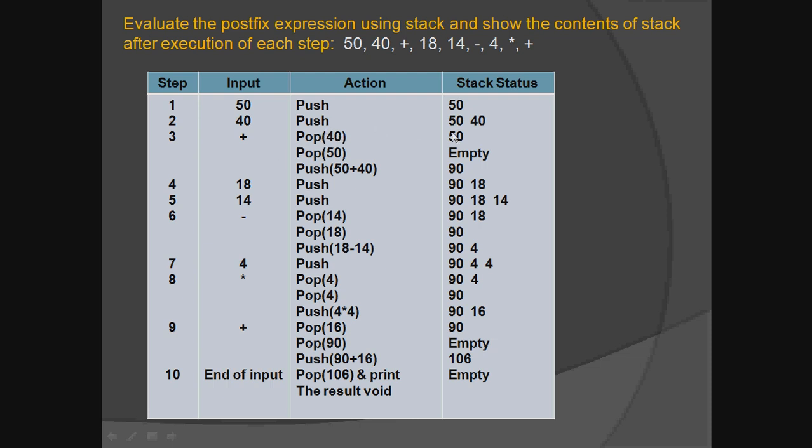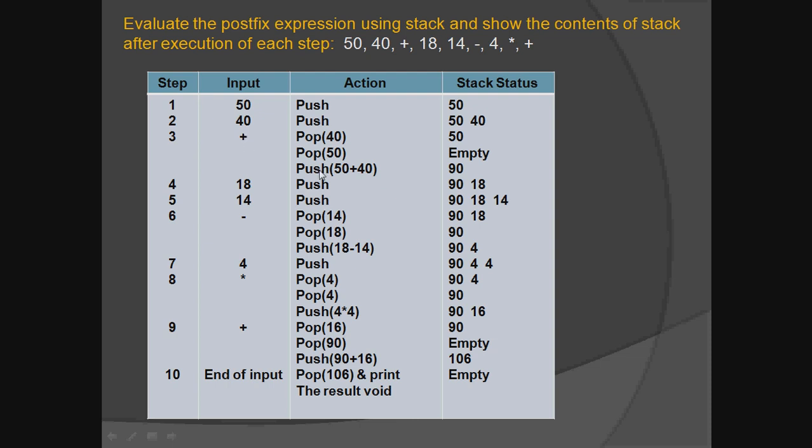So 40 is popped out, and 50 will remain in the stack. Next 50 will be popped out, so the stack will be empty. Why do we need to pop it out?